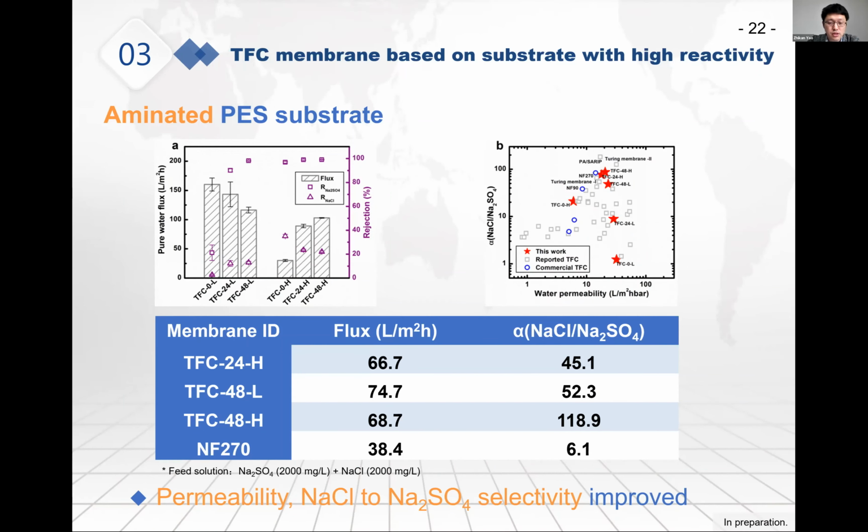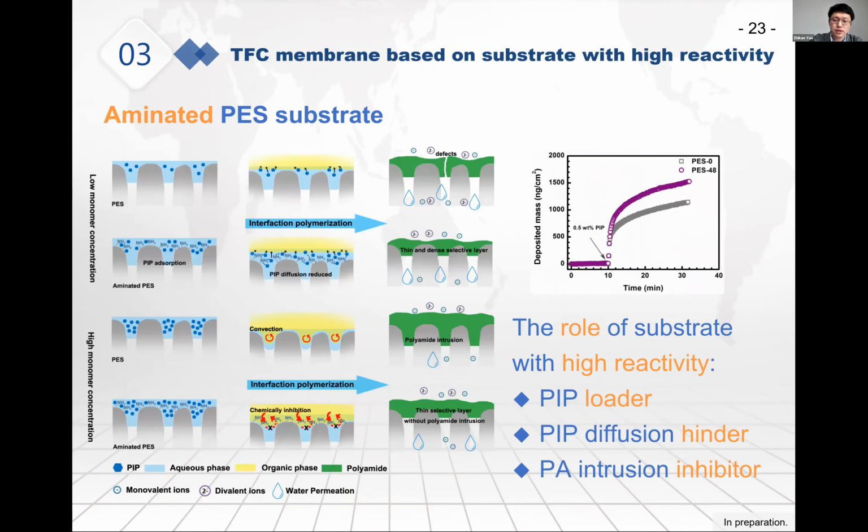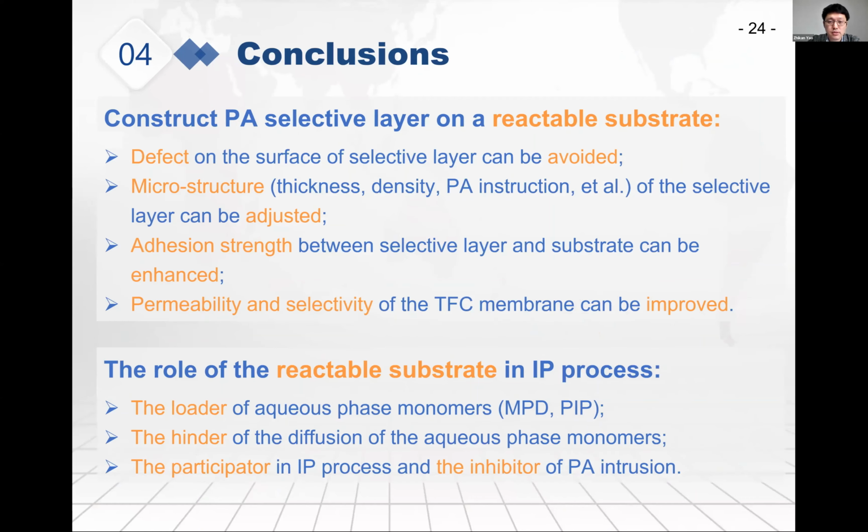This membrane showed improved permeability and sodium chloride to sodium sulfate selectivity. Finally, the role of the substrate with high reactivity was summarized as PIP loader, PIP diffusion hinder, and PIP intrusion inhibitor.